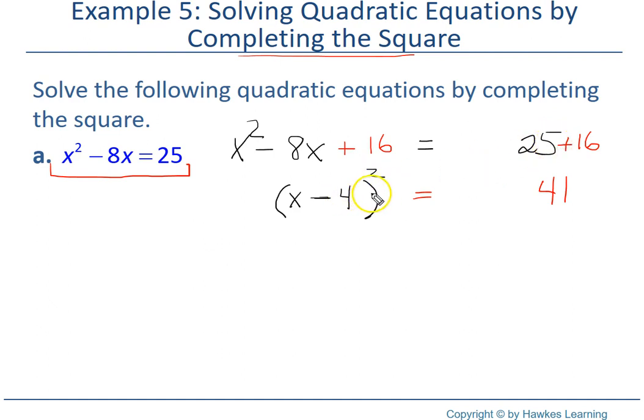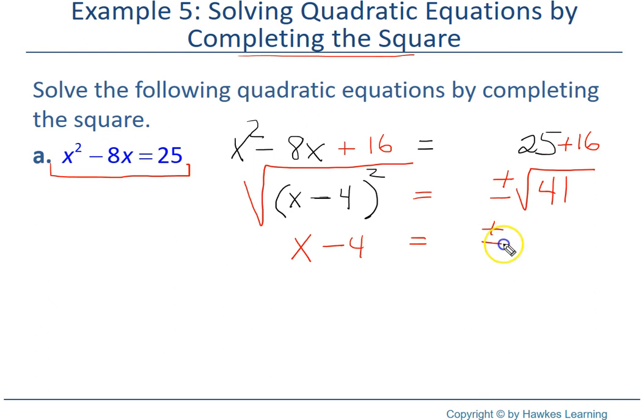So now look what I have. I have a binomial that's squared, so I can take the square root of this side now, and then I can take plus or minus the square root of that side. So now this just becomes the radicand. x minus 4 equals plus or minus the square root of 41.